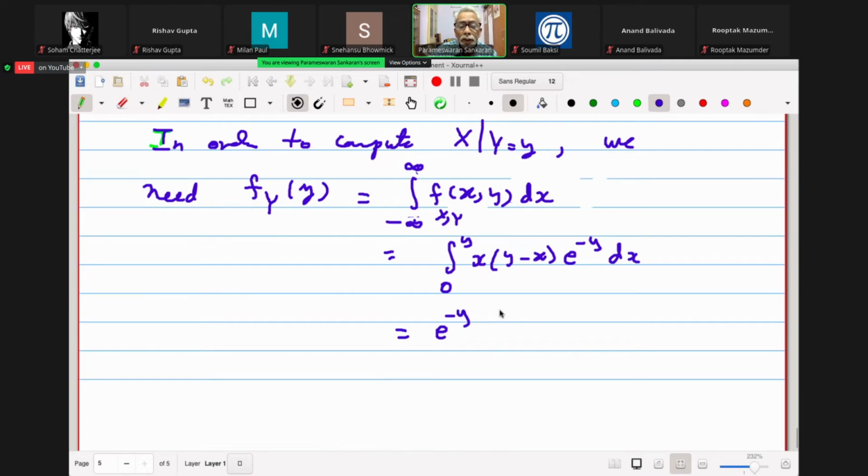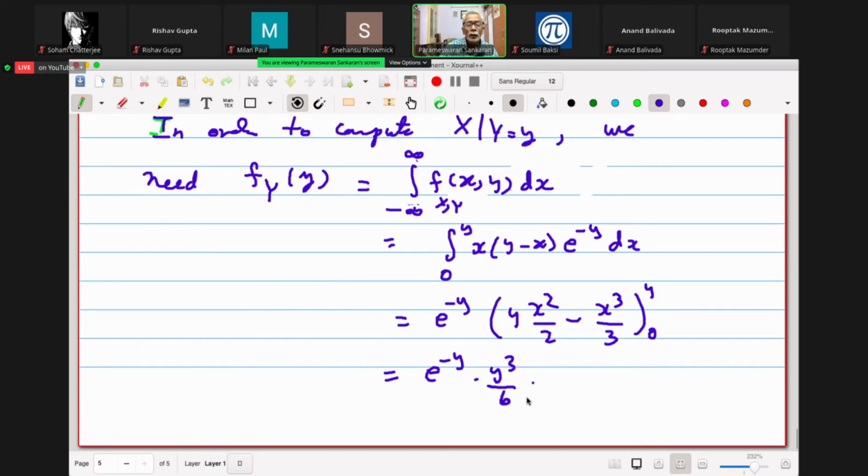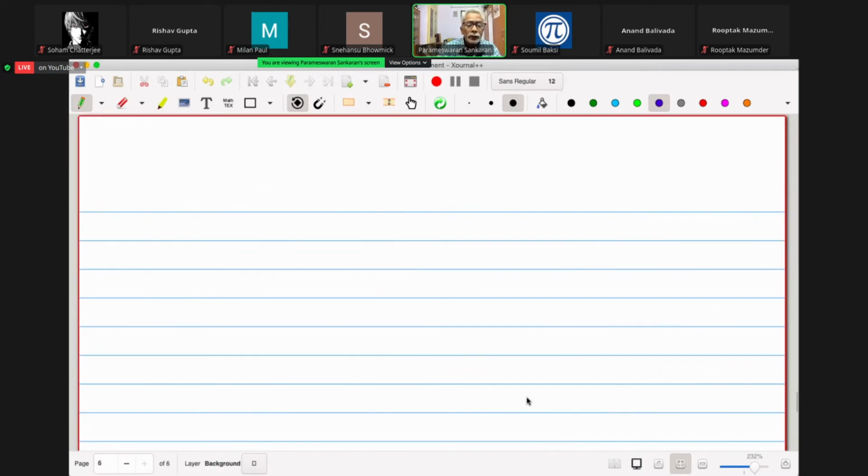That's an easy integration. So y times x squared by 2 minus x cubed by 3, between the limits 0 to y. When you do that, you get e power minus y times y cube times 1 by 6.